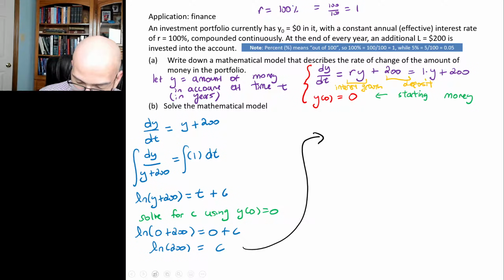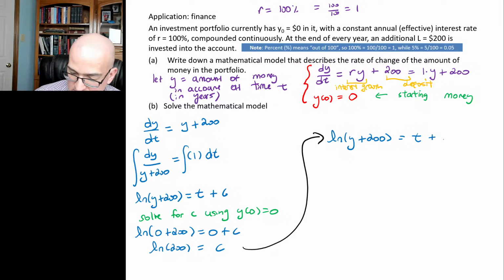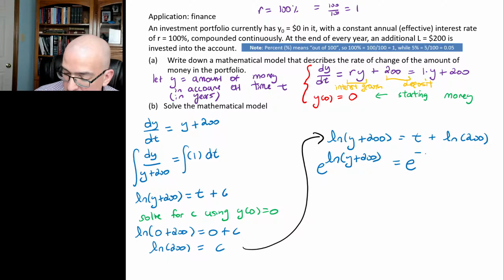Okay, we're not quite done building our model. I want to get y all by itself. We're almost there. We have the ln of y plus 200 is equal to t plus the ln of 200. So I'm going to exponentiate, raise both sides as powers on a base of e. e to ln of y plus 200 is equal to e to the t plus the ln of 200.